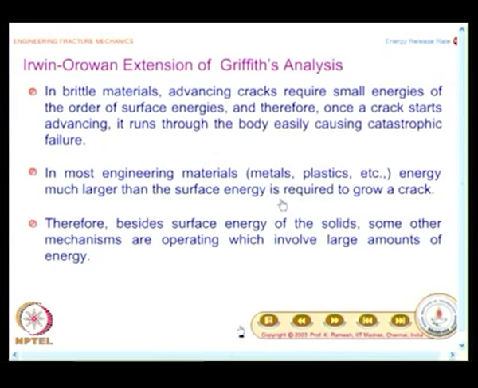And what people questioned was, now we know fracture mechanics, so I directly jump on to say that it is energy because of plastic deformation. While thinking in that direction, they argued besides surface energy of the solids, some other mechanisms are operating which involve large amounts of energy.